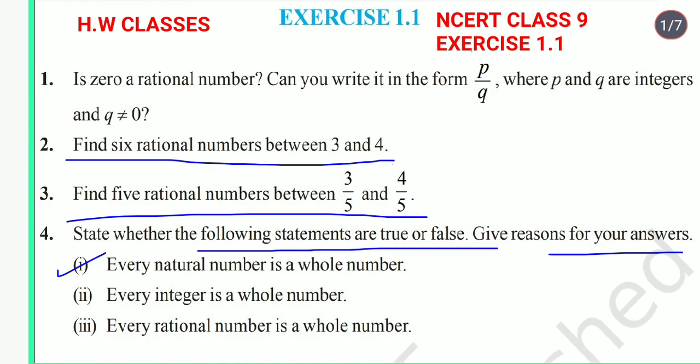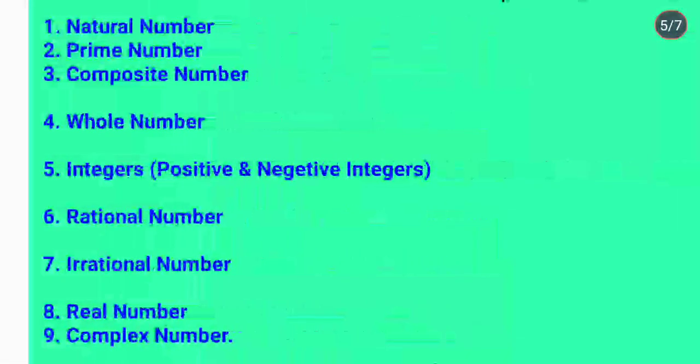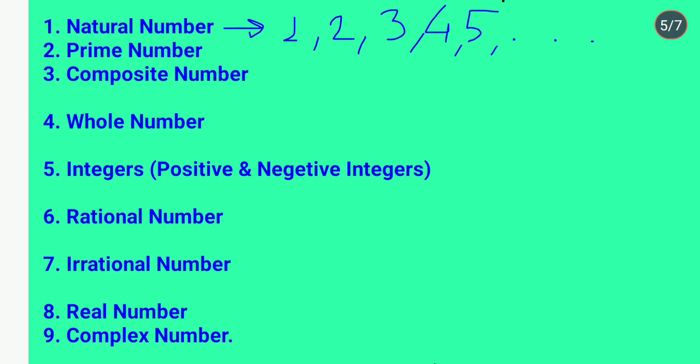As we have already seen, what are natural numbers and what are whole numbers. Natural numbers are simply counting numbers, starting from 1, 2, 3, 4, 5 and so on. And whole numbers include 0 also: 0, 1, 2, 3, 4 and so on.